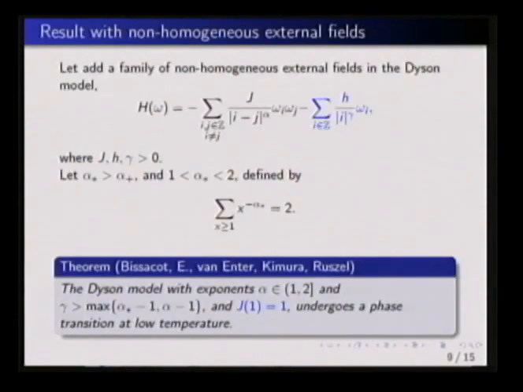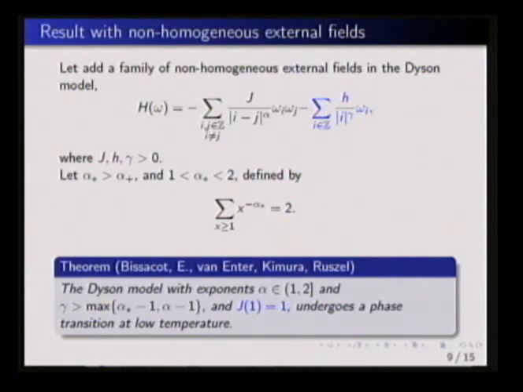And let me just say one of the parallel results. If you consider the Hamiltonian with non-homogeneous external fields, where the external fields also decay polynomially, first of all, note that for this Gibbs measure the Hamiltonian is non-translation invariant.